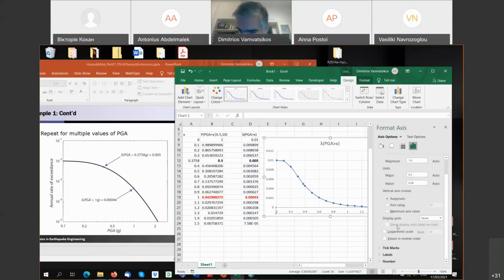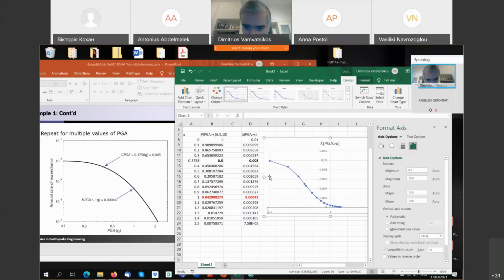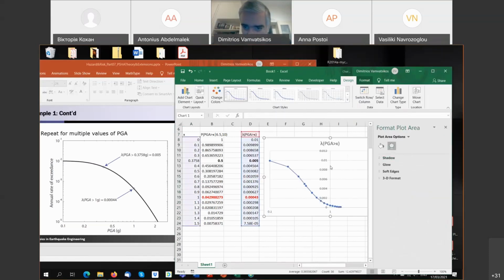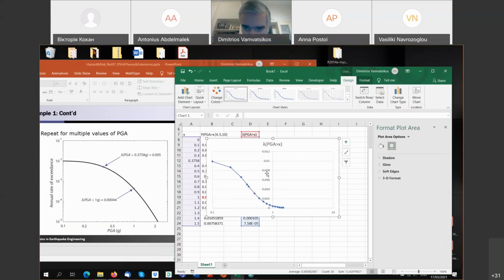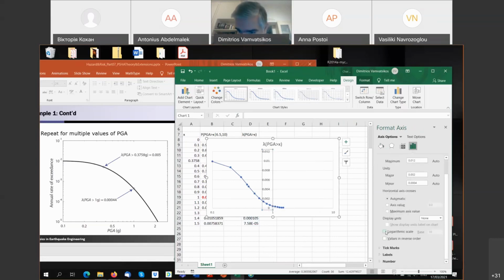Axis, let's say, logarithmic scale. There you go. Yes, you have trouble with 0. We knew that before. It's always a bit of a tough spot to do this right. Format axis. Logarithmic value. There we go.